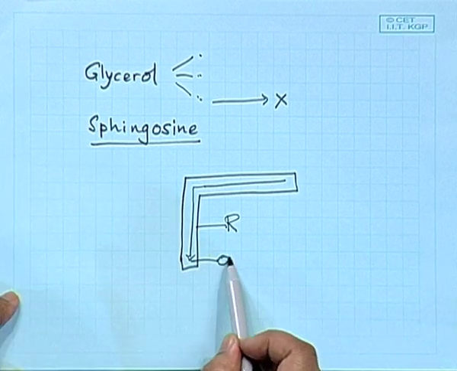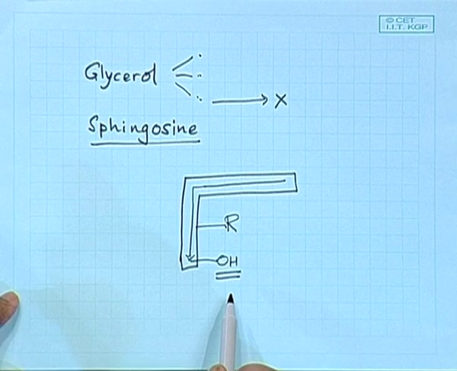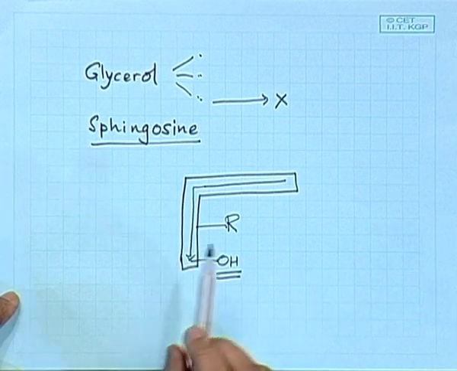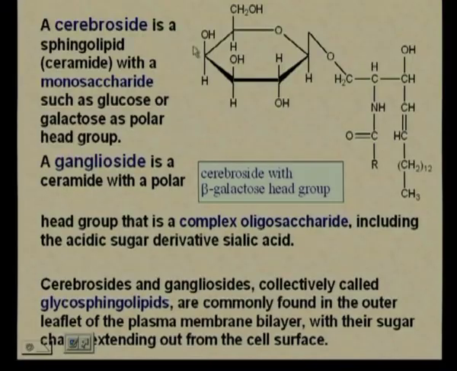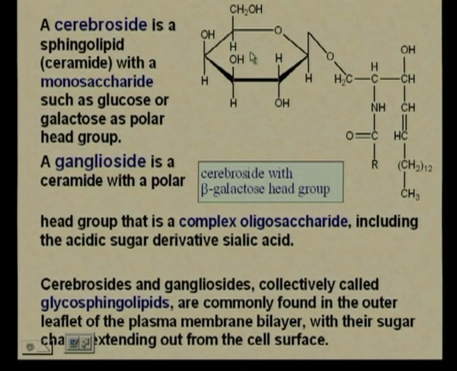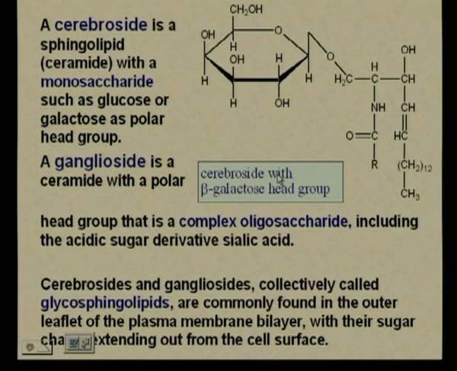Then this OH can be linked to a sugar to form a cerebroside, or to a phosphocholine forming a sphingomyelin. Okay, so that is the basic structure of all this. We can have a cerebroside if you have just a simple sugar, or a ganglioside when you have a complex oligosaccharide attached to it. Okay? It is just nomenclature.